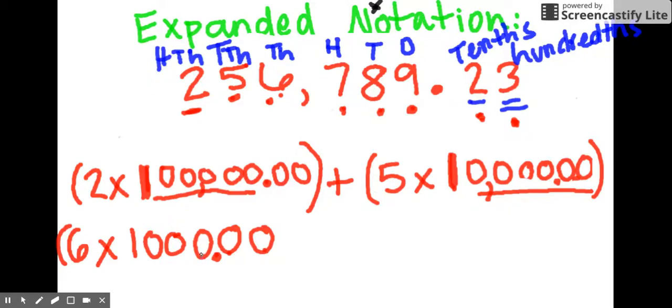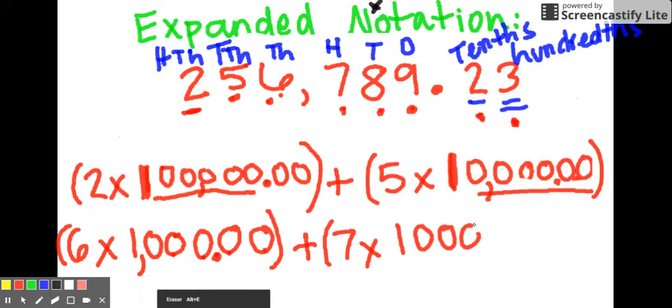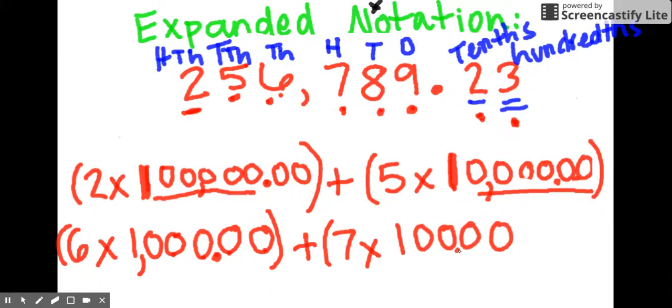So let's start at the beginning. 1, 2, 3, comma. Plus, we're getting close. 7 times, I only need 4 zeros this time. 1, 2, 3, 4. Put your decimal point. So it should be 7 times 100. That looks like 100 to me.